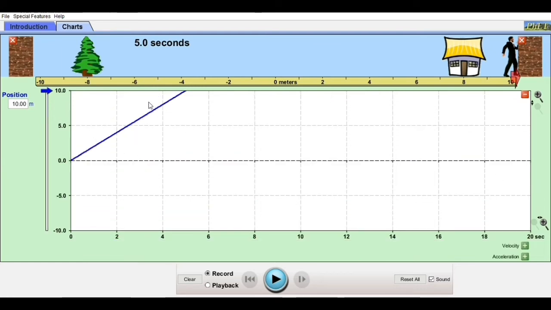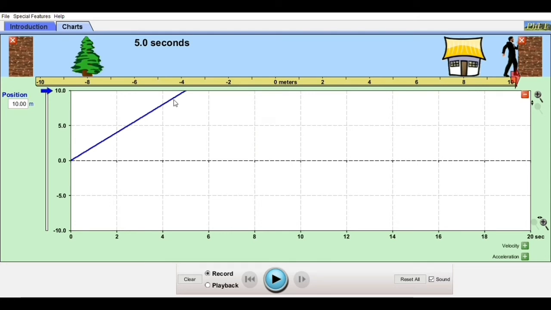Now let's take a look at this graph first, the position versus time graph. So what can I say about the graph? Okay, it's just a linear graph, and it changes by the same amount at a certain period of time. So it's changing its position by the same amount at a particular period of time.